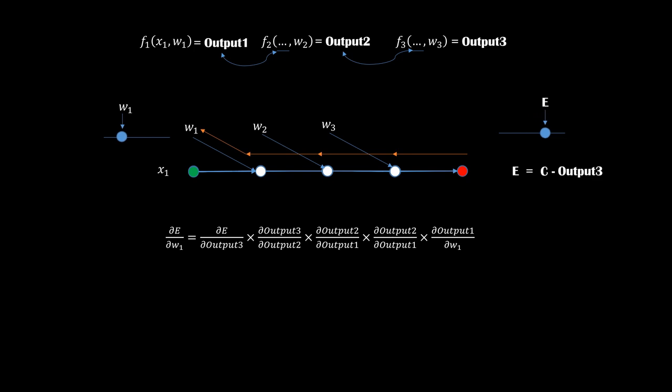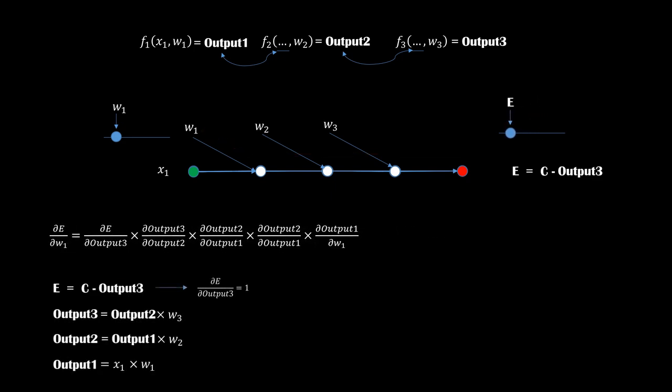For this, in neural networks, we use the chain rule. Alright, let's calculate the derivatives.